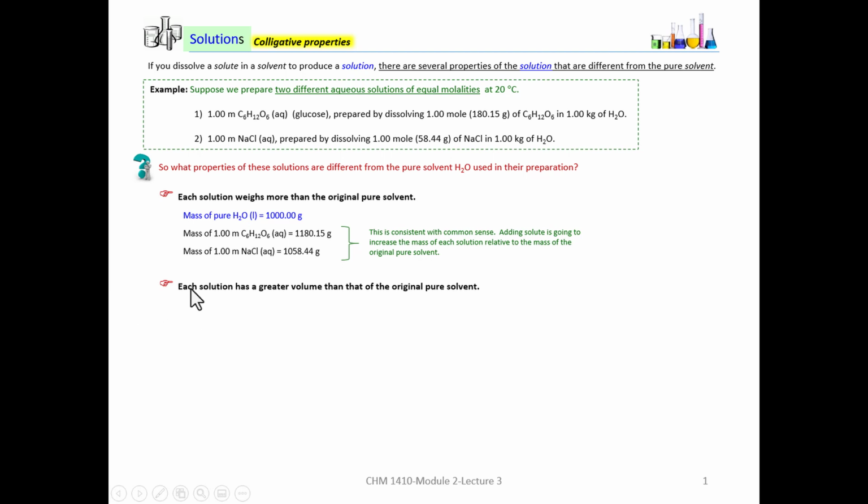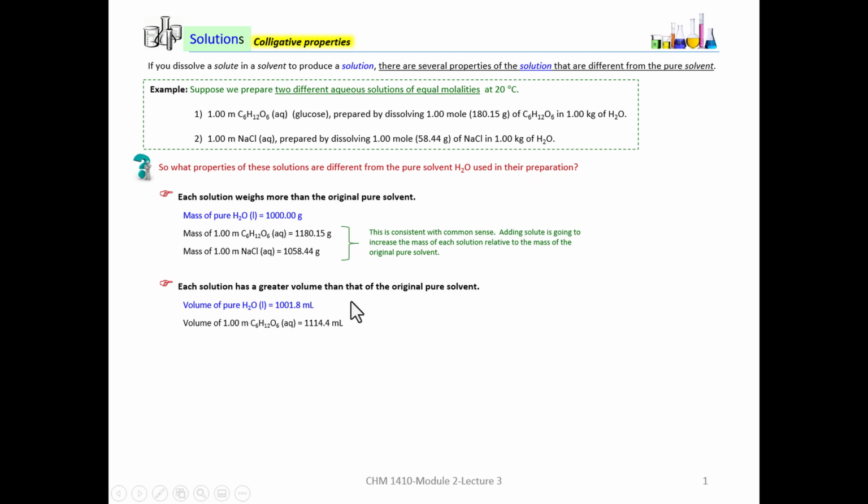Another thing that would be different about each solution is that each solution would have a greater volume than that of the original pure solvent. So for example, the volume of the water that we started with would be 1001.8 milliliters. You might ask how I know that. Well, knowing the density of water at 20 degrees C, I could calculate what the volume would be for 1,000 grams of water.